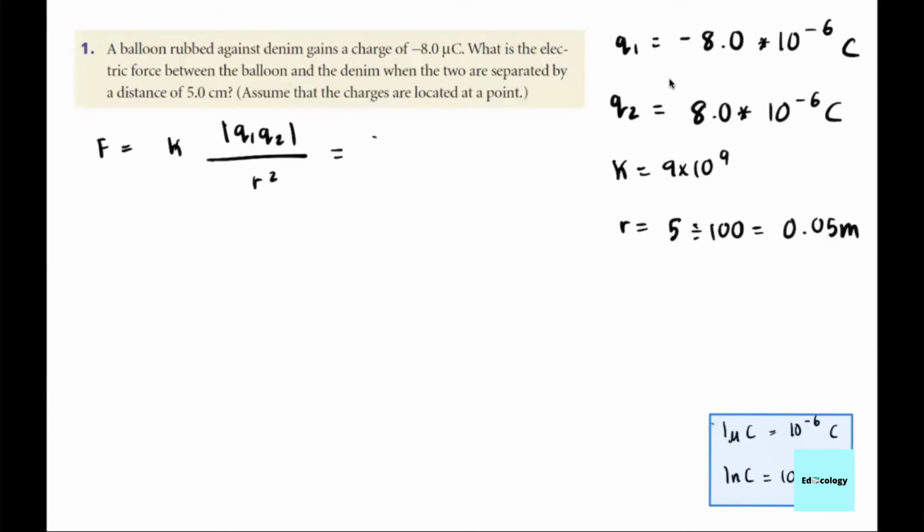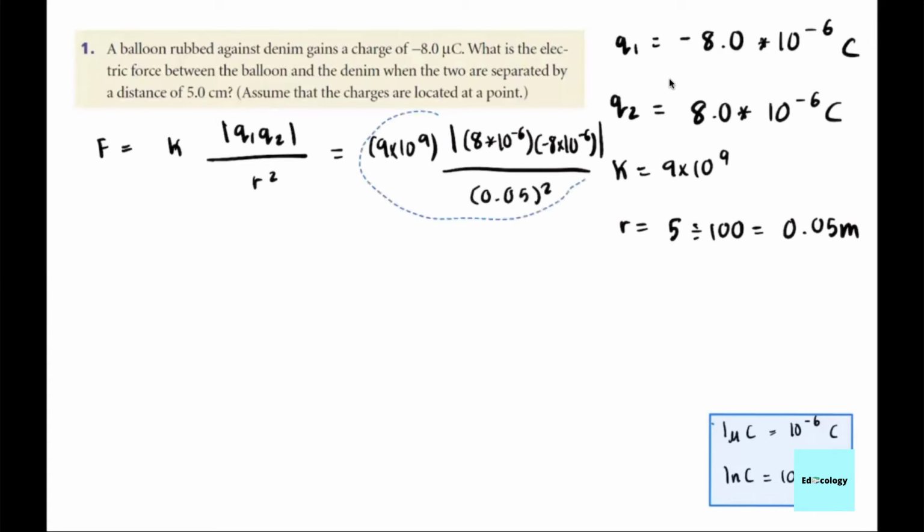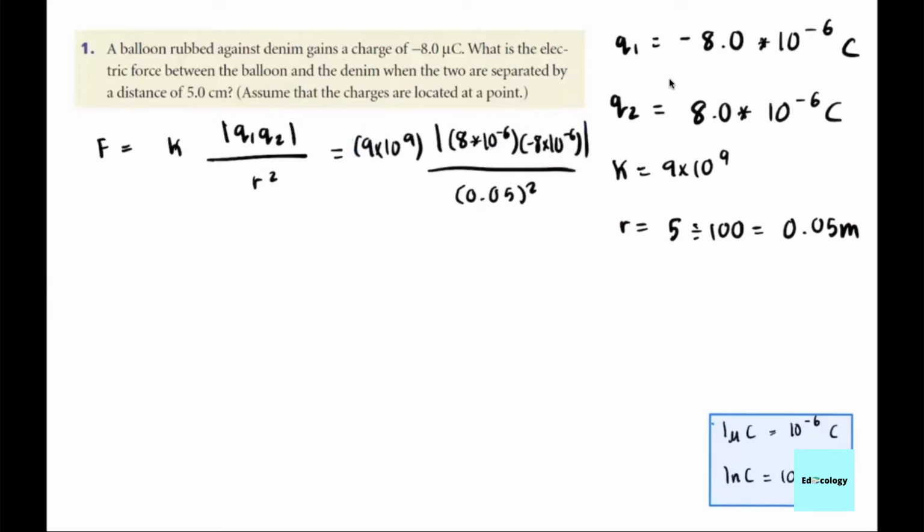Okay, so now you basically just substitute these values, right? 8 times 10 to the power of -6 and -8 times 10 to the power of -6 over 0.05 squared. Okay, and now if you use your calculator, you will get F is equal to 230.4 newtons. And this will be your answer.